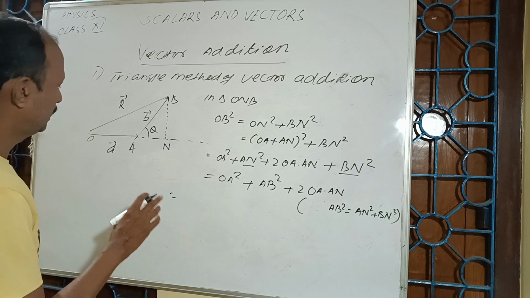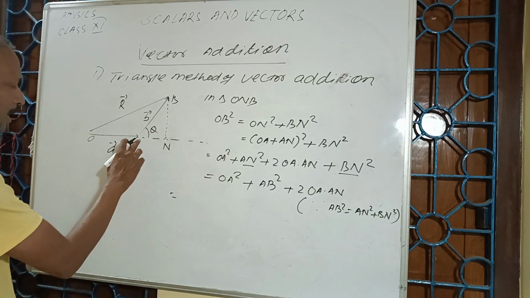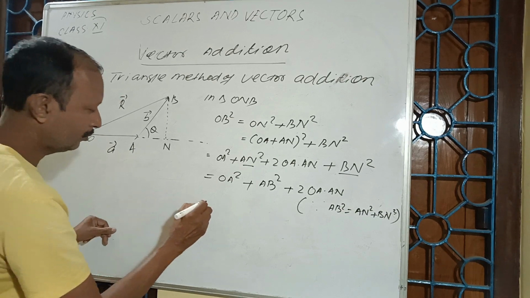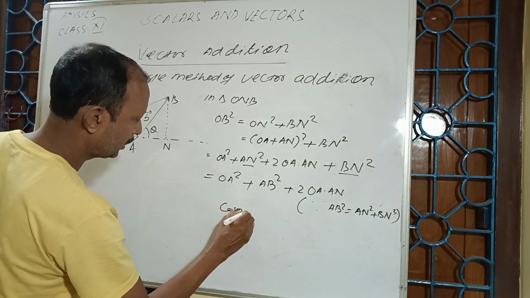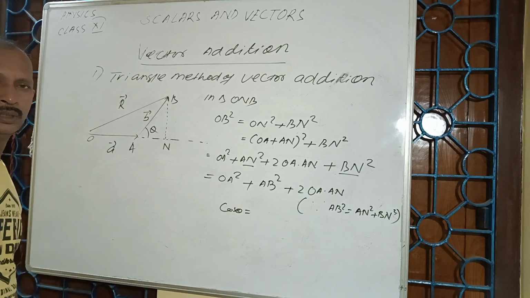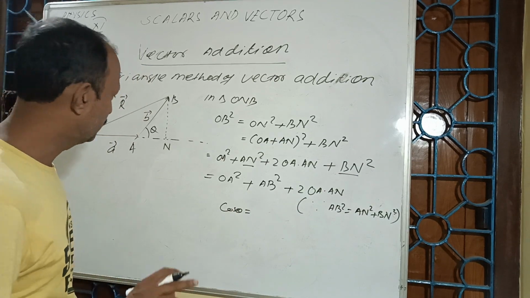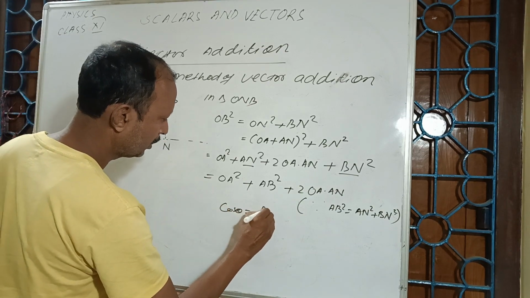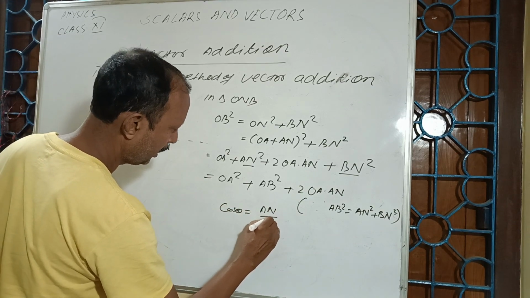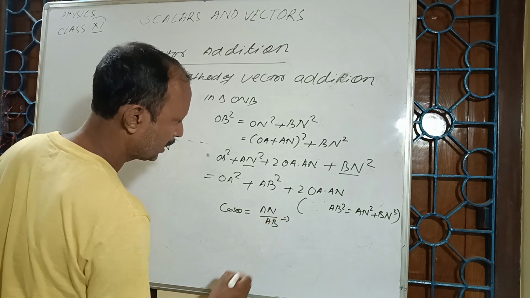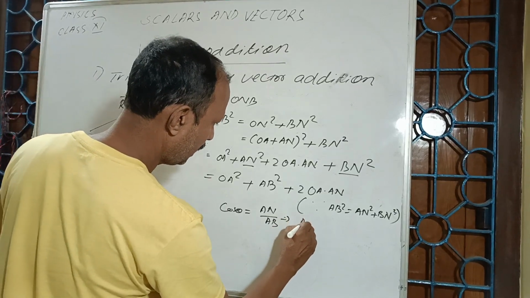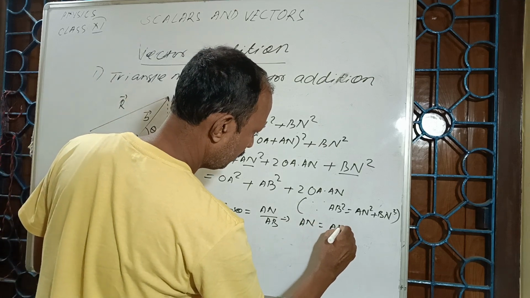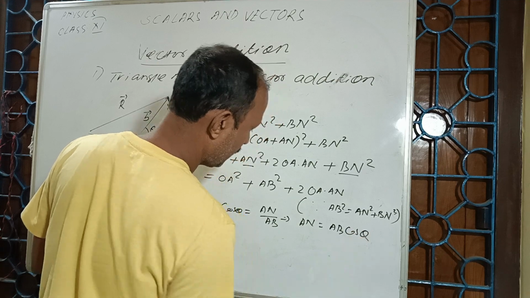Now in this triangle, if I take the cos theta, cos theta is equal to B by H. That means AN by AB. AN by AB implies that this AN is equal to AB cos theta.